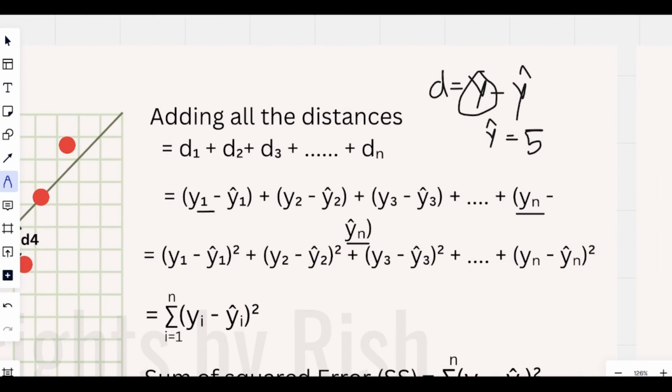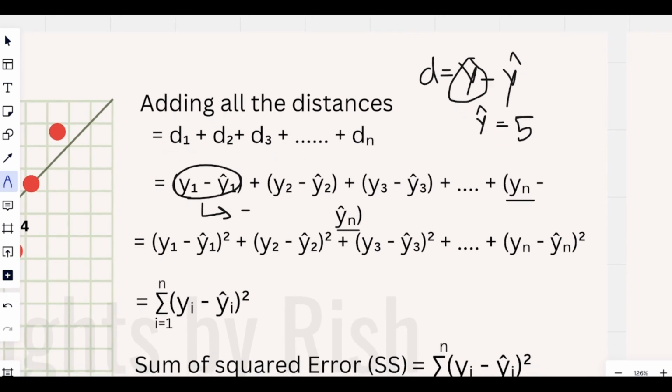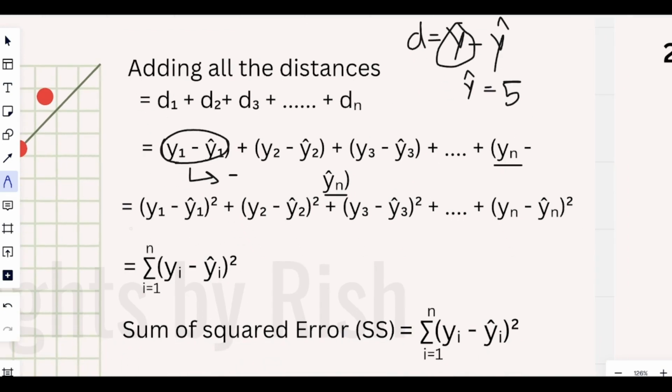So to prevent these negatives, you square it up. You take the square of y1 minus y1 hat up to the nth data point. So you are squaring it to prevent negative values. Now we can generalize it. This is our equation and we will write it in a generalized form, which is this.